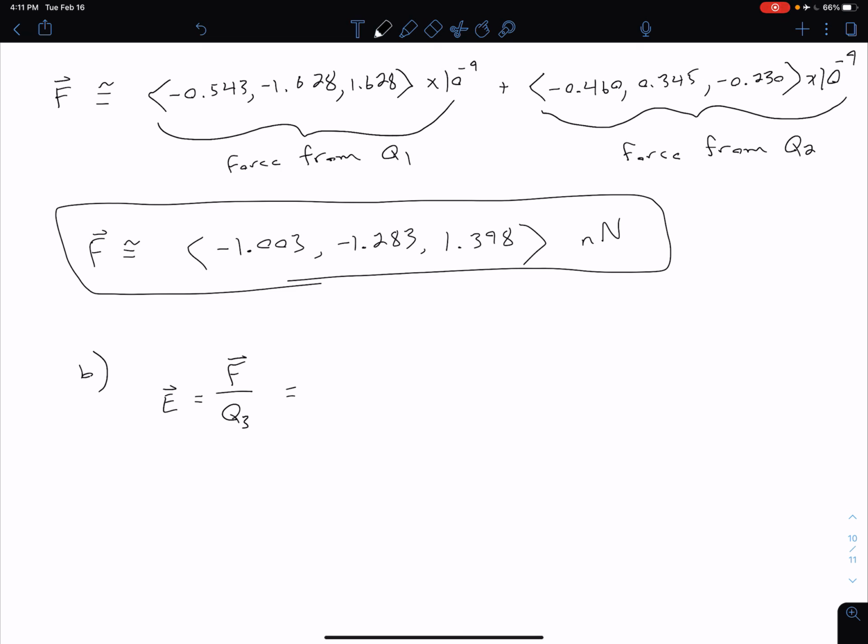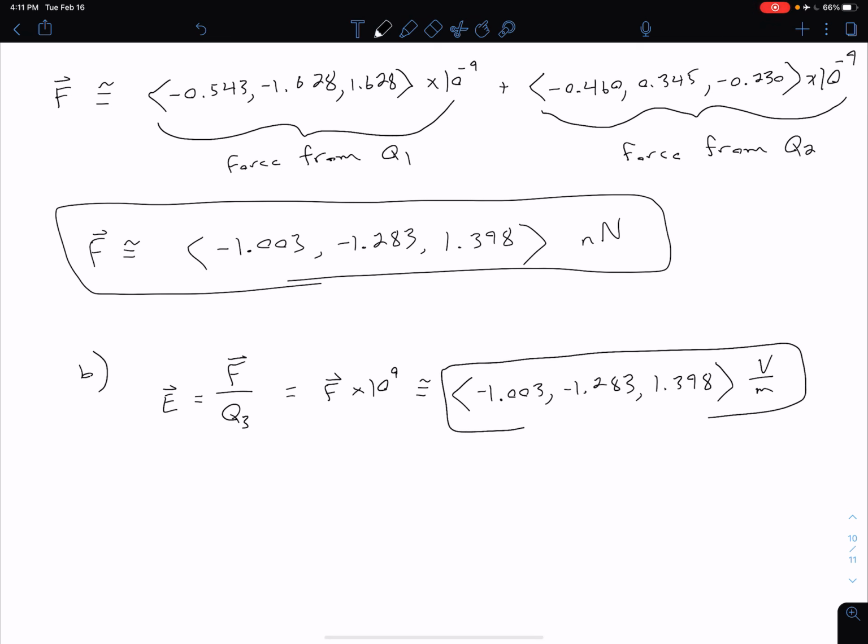And so of course this is going to be F divided by 10 to the minus 9, or we can say that's multiplied by 10 to the 9th, and we get that that is equal to approximately negative 1.003, negative 1.283, and 1.398, and the units of that are going to be volts per meter. We no longer need the nano there because we multiplied by 10 to the 9th.